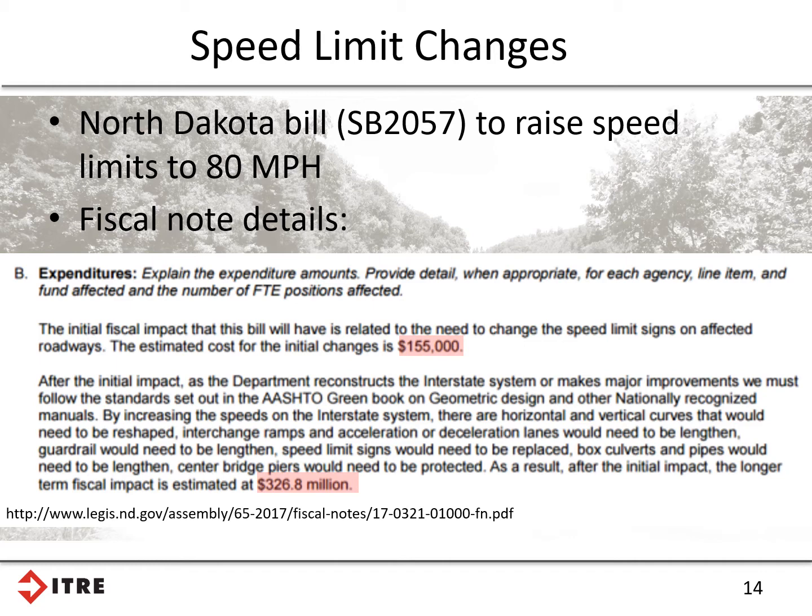But the follow-up and longer-term fiscal impact is estimated at over $300 million to actually upgrade the facilities that had the increased speed limits to account for the increased lengths needed for acceleration and deceleration and sight distance and curvature. So it was interesting to see in this bill the direct change in costs that would need to occur, and then the longer-term impact of changing those speed limits.